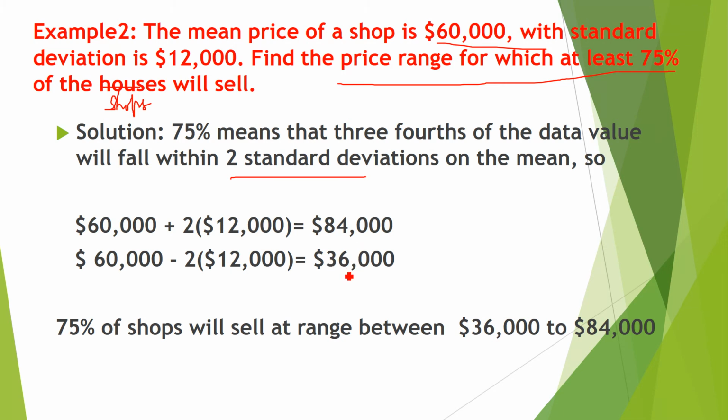Calculate it, and you will get 36,000 to 84,000. 75% of shops will sell in a range between 36,000 and 84,000. Take the total of these and divide by 2, and you will get the 60,000 mean, but the range is between 36,000 and 84,000 for 75%. If instead of 75% we have 88.89%, then instead of 2 you have to take 3 sigma and then calculate.